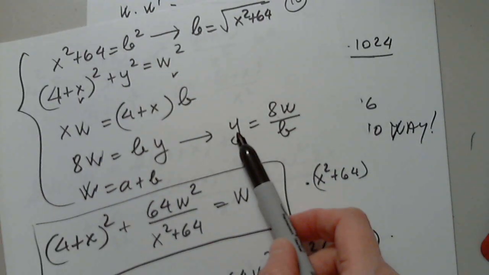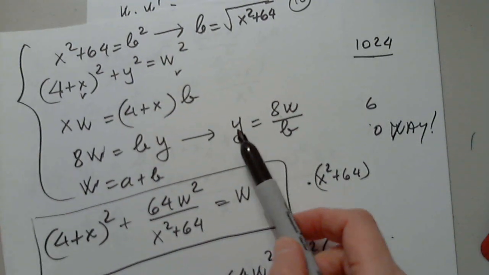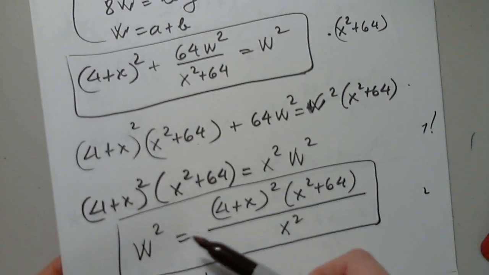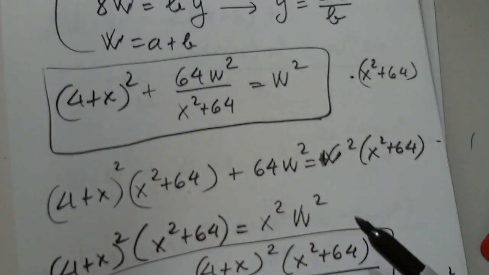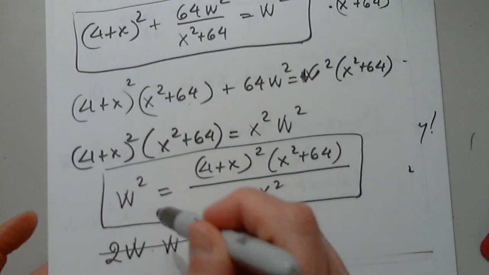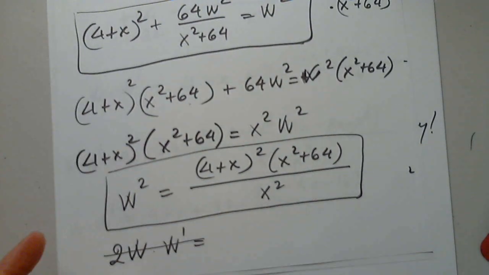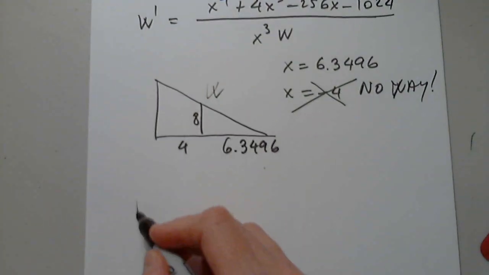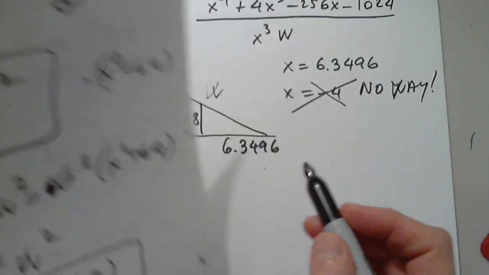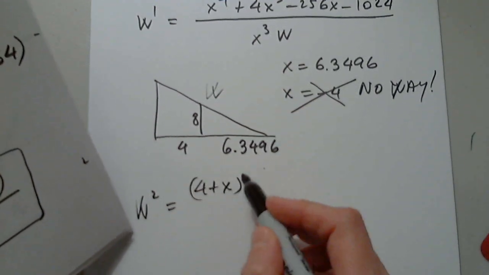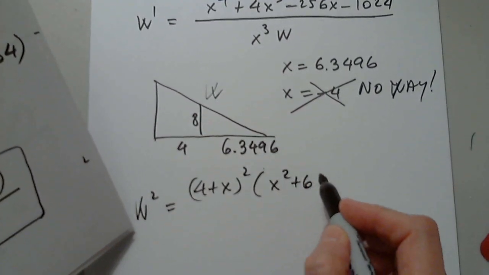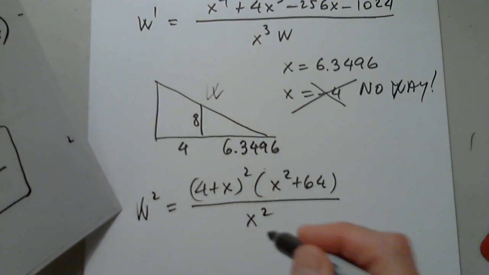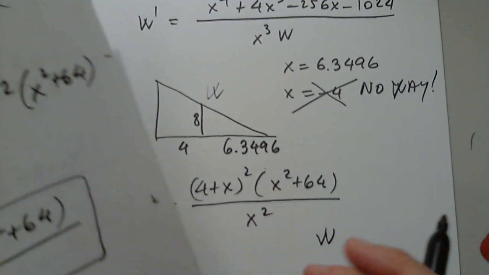So in order to determine y, okay, I will use this one. I don't have to do anything else. So I'm going to copy it here so you know what I'm doing. So I have w squared equals 4 plus x everything squared, x squared plus 64 everything divided by x squared. And I will replace x by this, take the square root, and get w.